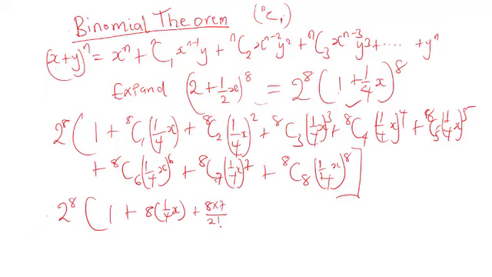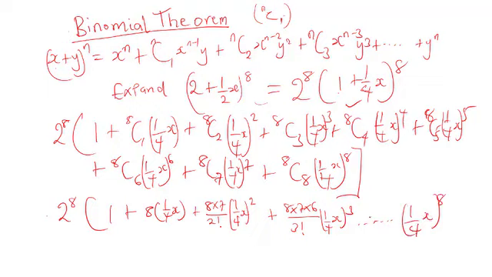So we have 8 times 7 all over 2 factorial, then 1 over 4x raised to power 2, plus 8 times 7 times 6 over 3 factorial, where we have 1 over 4x raised to power 3, up to the point where we have 8 combination 8, which is 1. That is, our y value becomes 1 over 4x raised to the power 8.